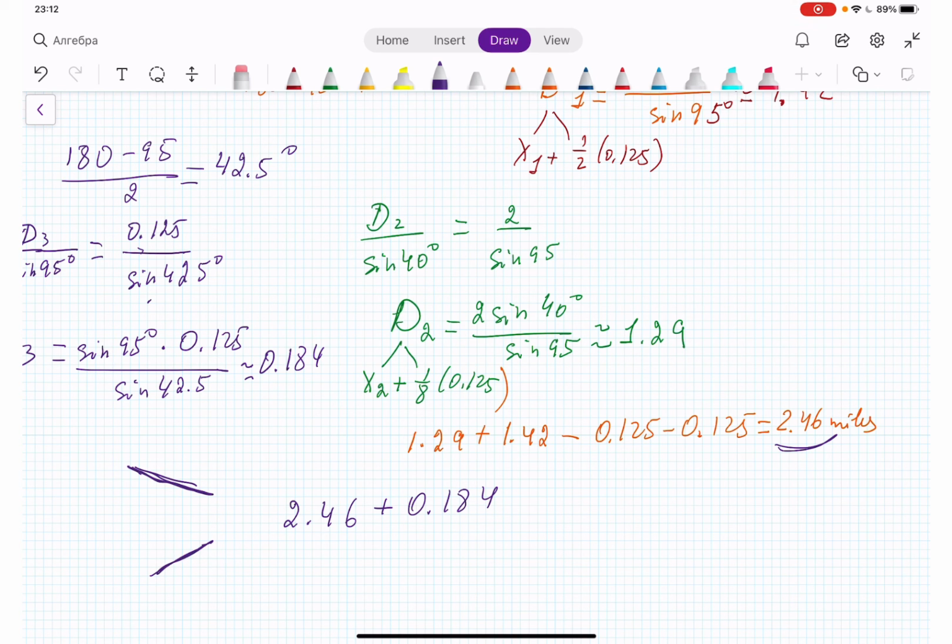This piece and this piece together is 2.46, and this piece we calculated as 0.184. To get the total, we add them and we get 2.644 miles.